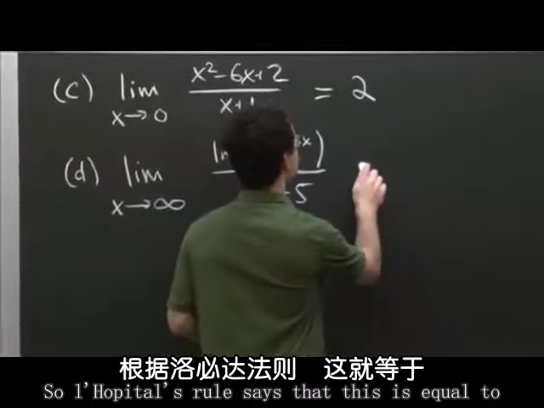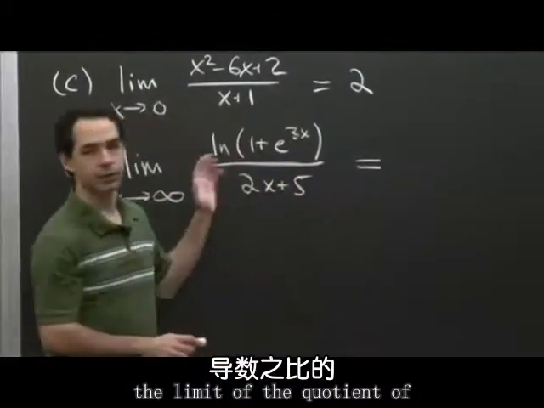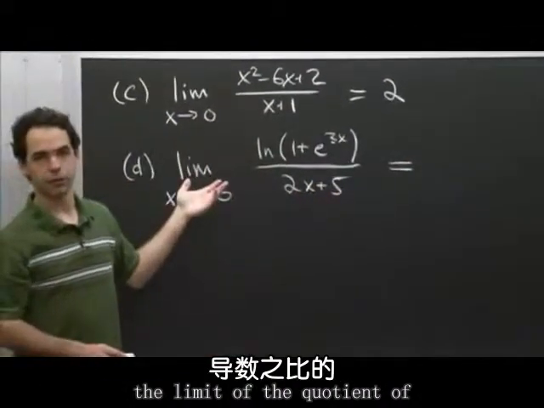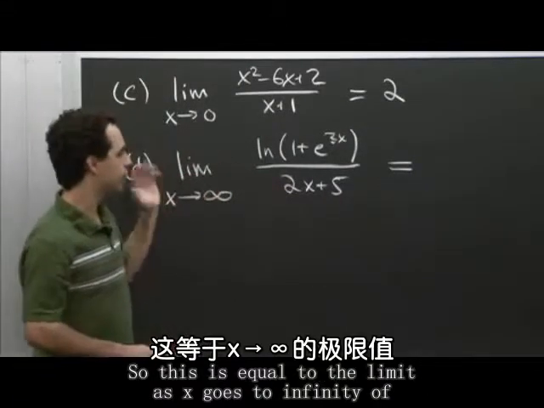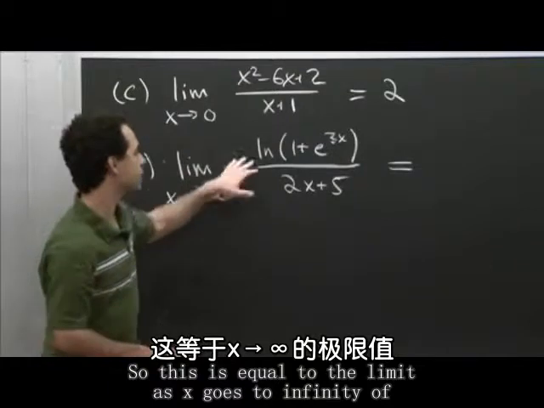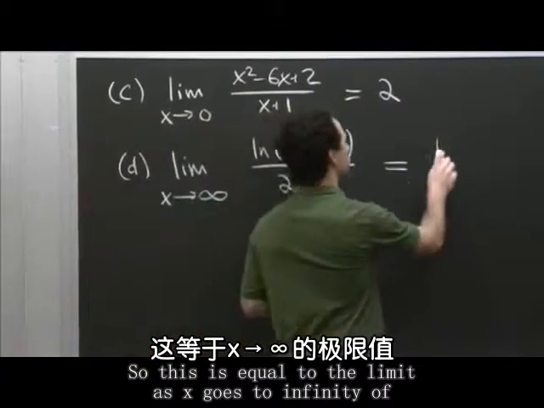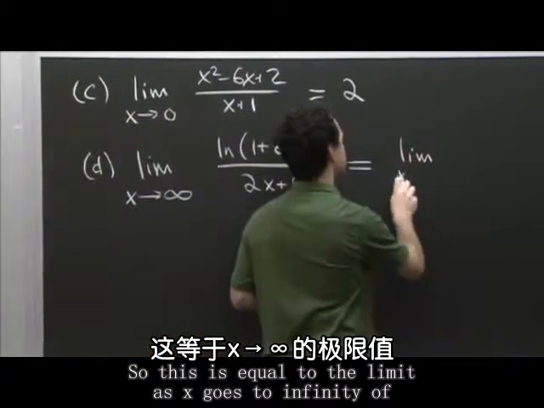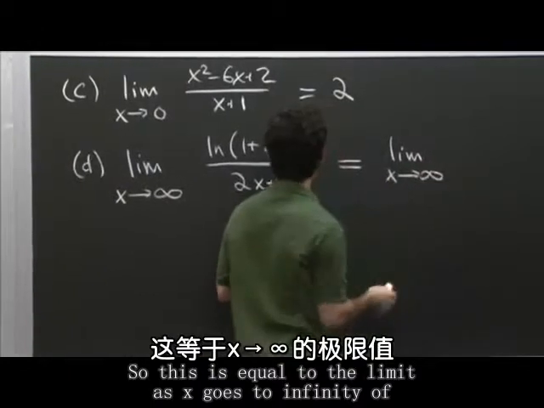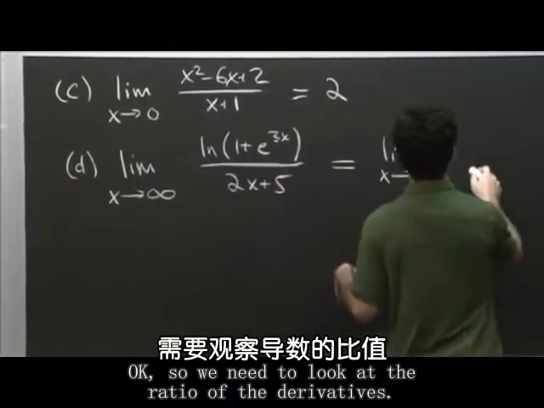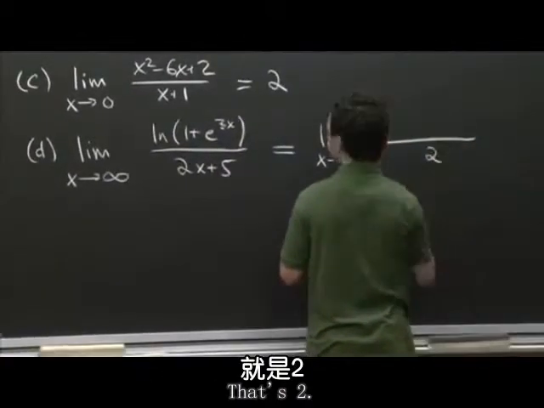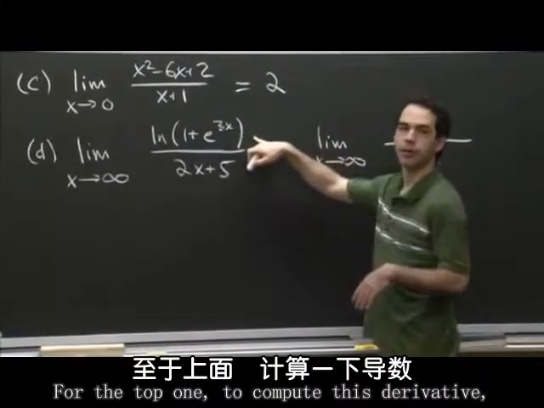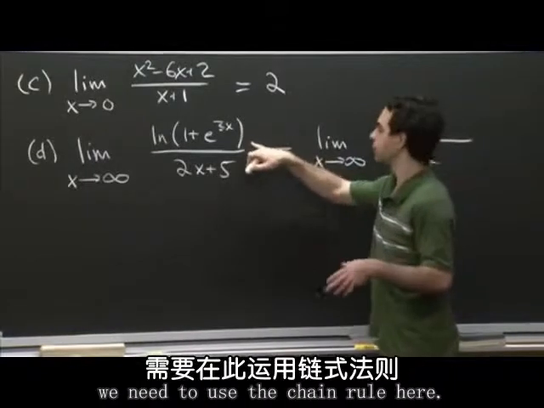L'Hopital's rule says that this is equal to the limit of the ratio of the derivatives, provided that limit exists. So this is equal to the limit as x goes to infinity of, OK, we need to look at the ratio of the derivatives. The bottom one is easy. That's 2. For the top one, to compute this derivative, we need to use the chain rule.